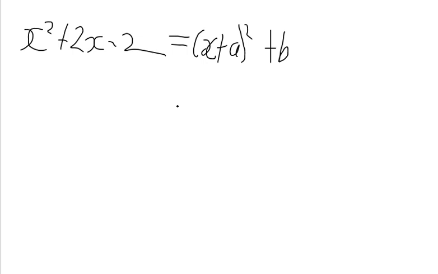So now let us simplify this. Let us expand the right hand side. We are going to have x squared plus 2ax plus a squared plus b.